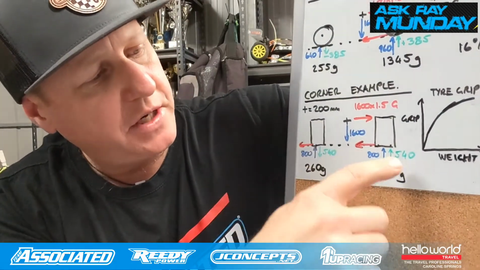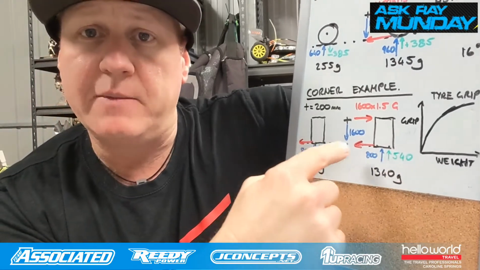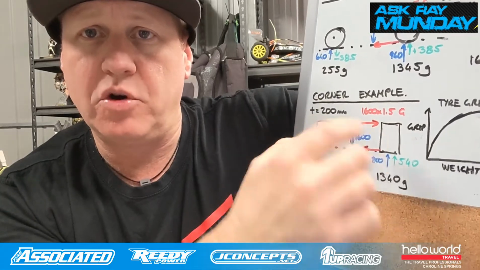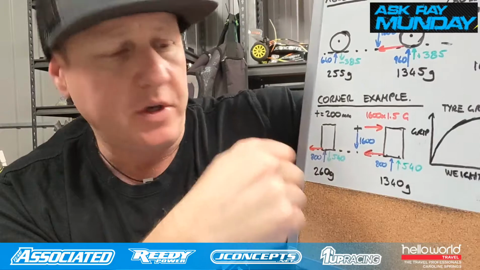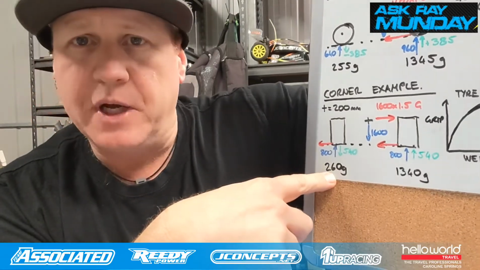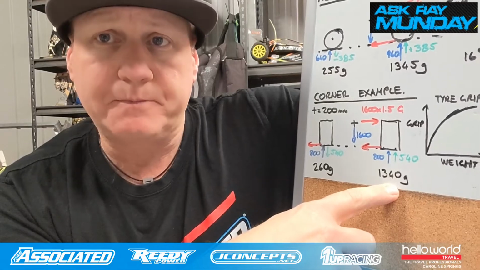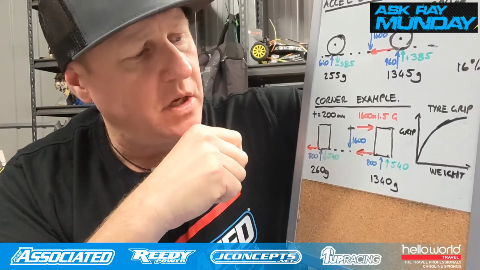And then with the weight transfer, it's about 540 grams. 1600 grams times 1.5 G, times 45 mil height, divided by 200 mil, gives you 540 grams of weight transfer. So now the inside of the car is about 260 grams and the outside is about 1340 grams. So we've got weight transfer to the outside.